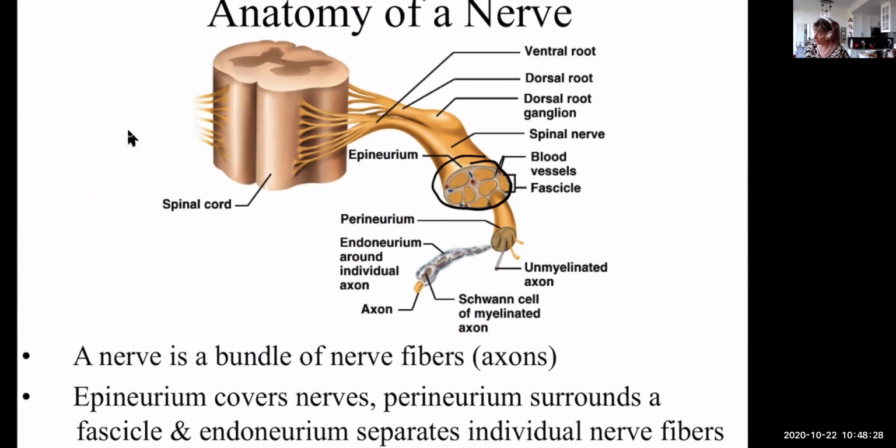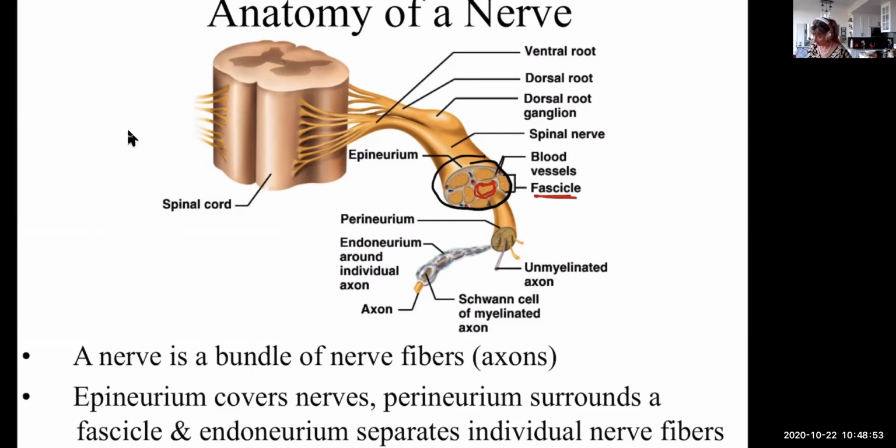Within the nerve are bundles called fascicles. So this is one fascicle here. And the fascicle itself contains a bundle of nerve fibers or axons. And each stage has its own covering.